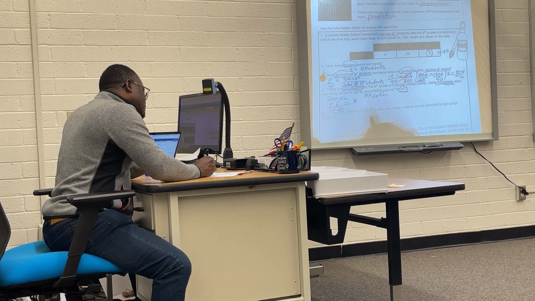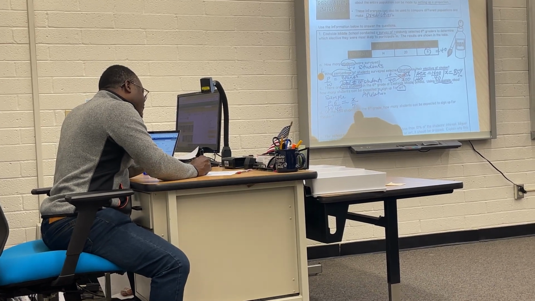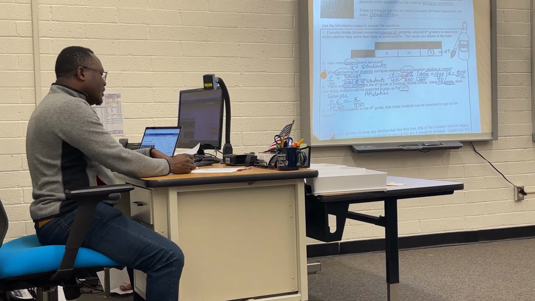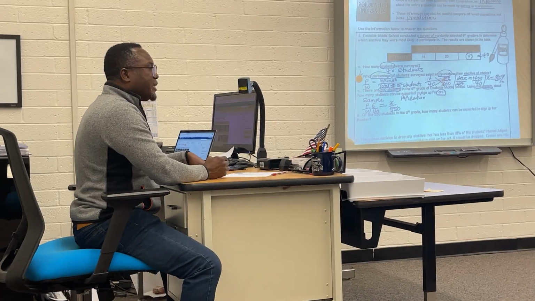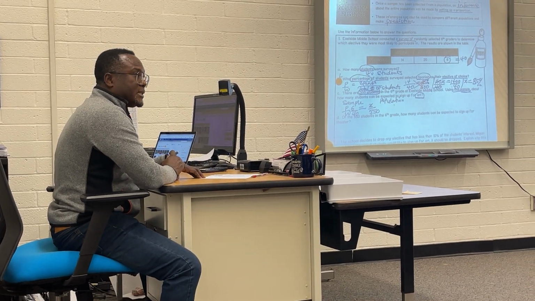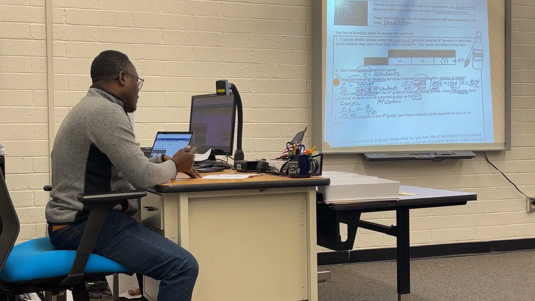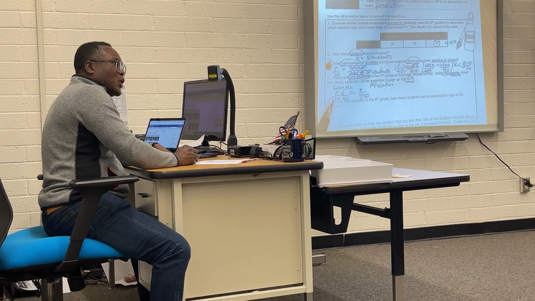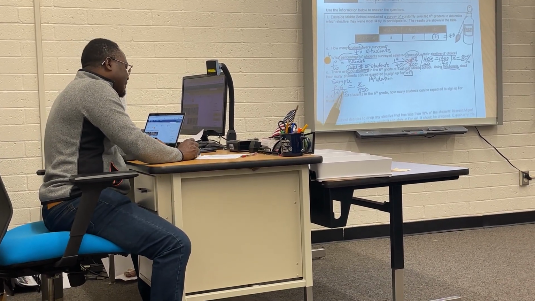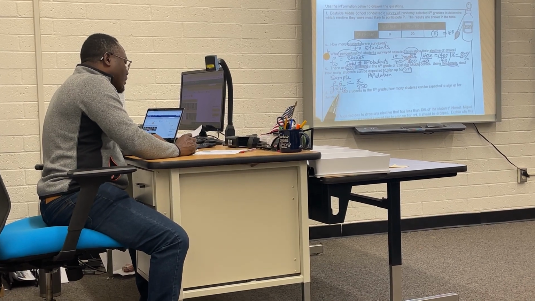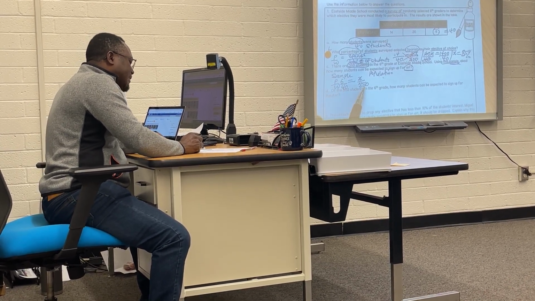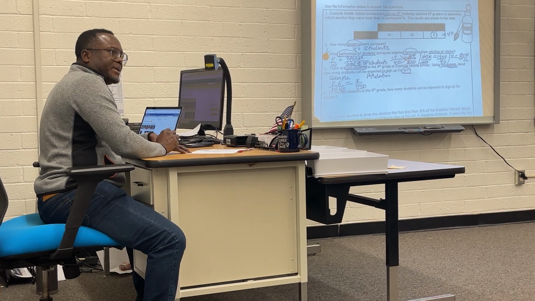So here is about 350. In this way, I have been able to create my proportion. Don't forget, we are still using the part over the whole for both sides. Is this making sense to you?